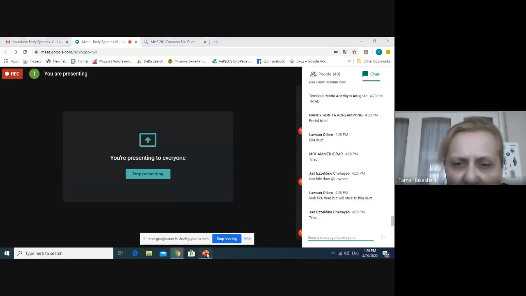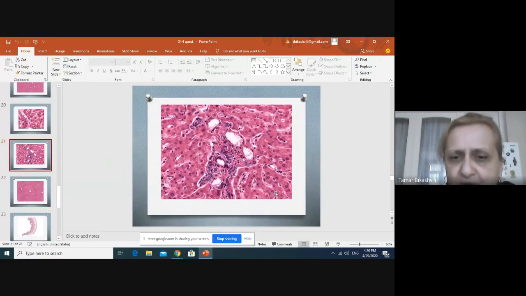Triad, yes, the triad. And in this triad we can distinguish a branch of artery, a branch of vein, and also bile ducts.